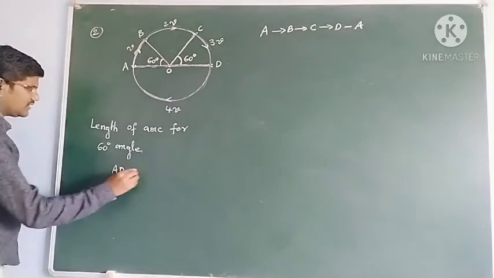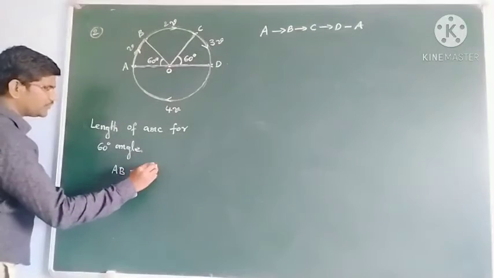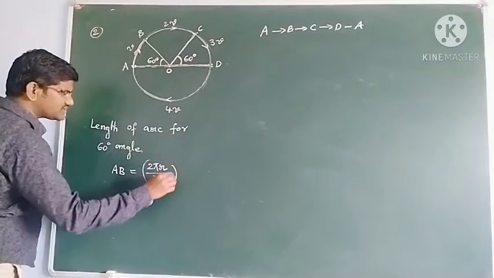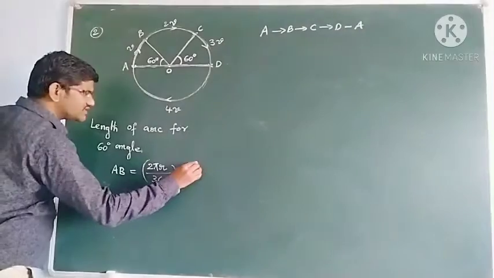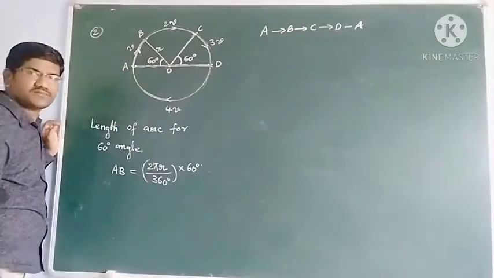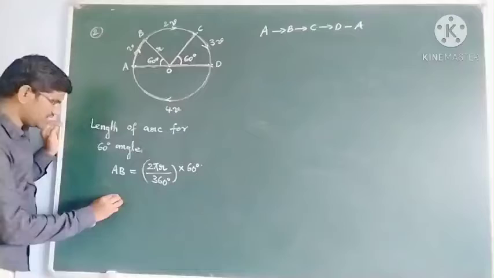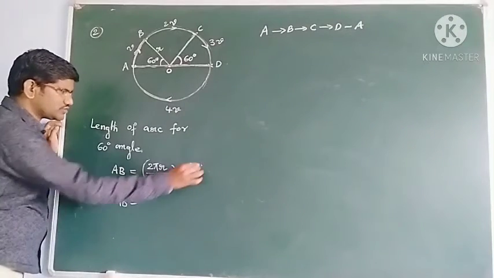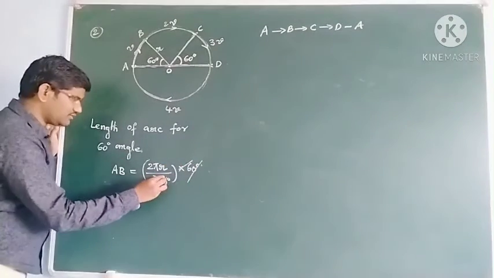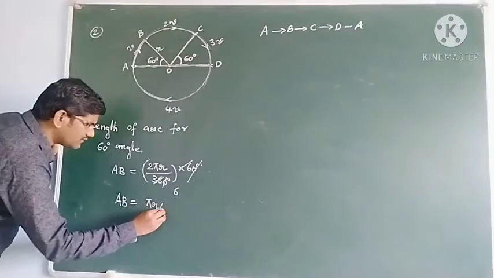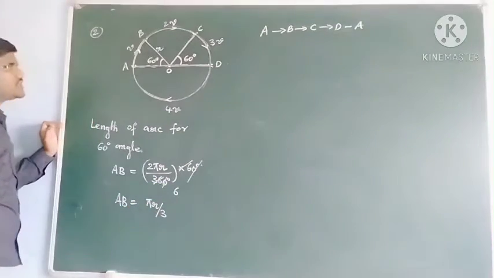I will get AB is equal to 2 pi r by 360 degrees into 60 degrees, if the radius of the circle is r. So then AB is equal to, this 0 gets cancelled, you will get 6r, then you will get pi r by 3. Okay students.